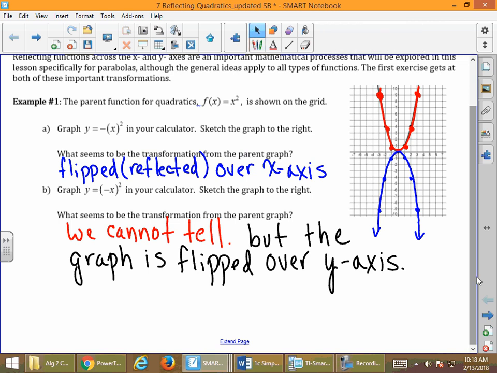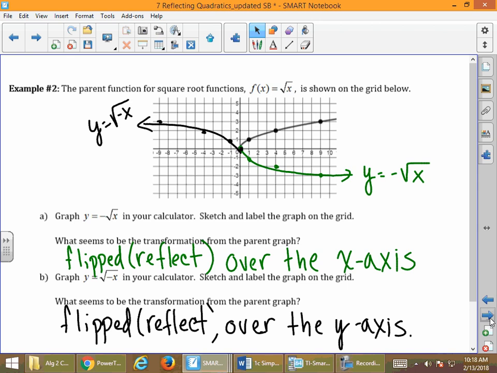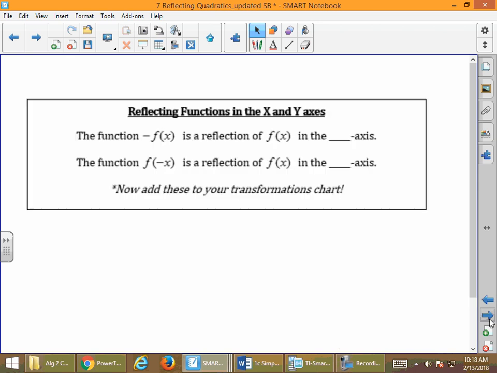So let's summarize here, because that's what we're trying to work up to, knowing what happens when we look at an equation, identifying the different transformations. For instance, yesterday we did right, left, up, and down. Today we're doing the reflecting. It says that the function negative f of x is a reflection of f of x.